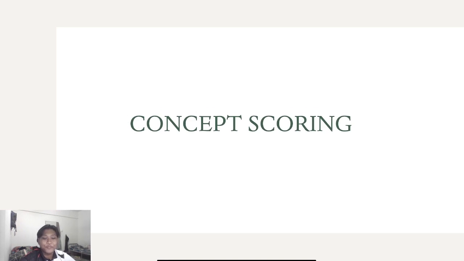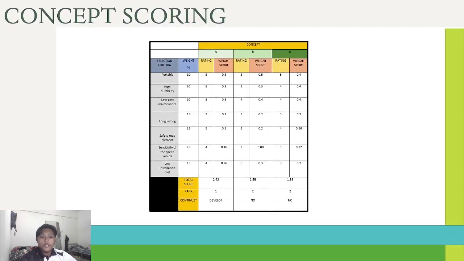Concept scoring. At this point, our team reconsidered the real significance of the selection criteria and concentrated on a more accurate comparison of each criterion and each concept. The weighted total rating determines the ideal score. There are 3 concepts in the selection that will be scored to determine which concept is better suited for the road bump.